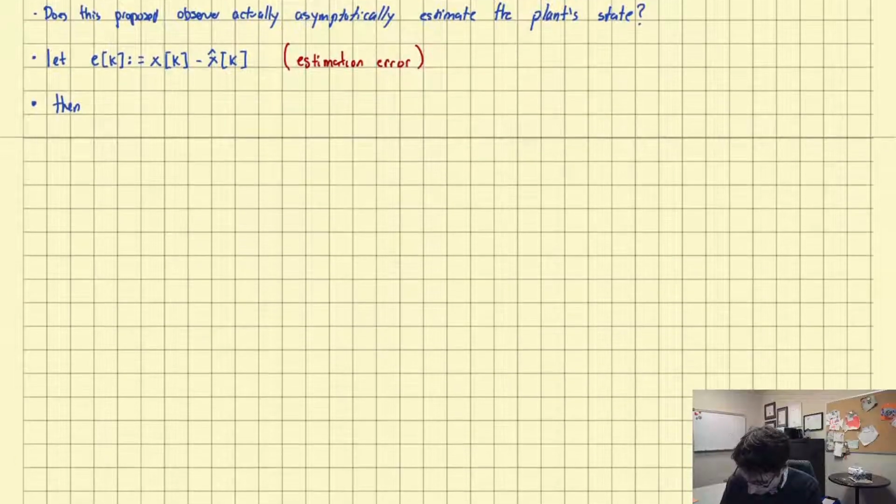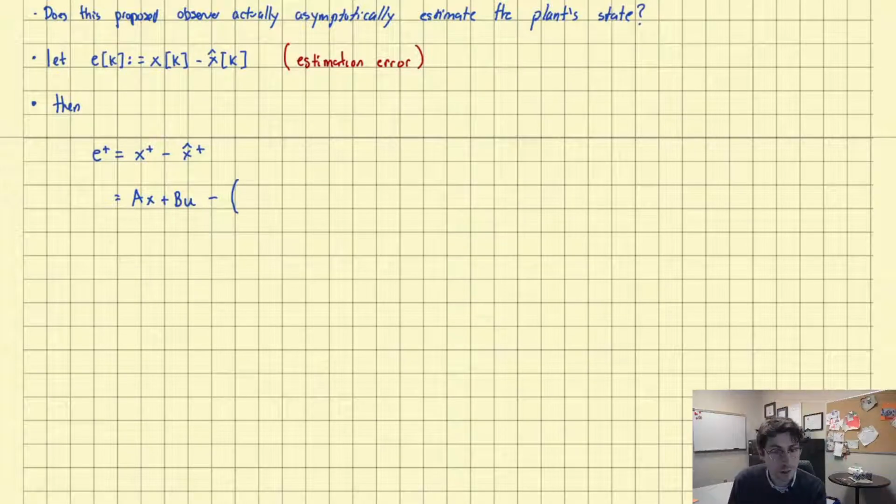Then, what do we have? E plus equals x plus minus x hat plus. It's the next time step of x and x hat. But we know how the plant evolves over time, and we've proposed an observer, so we know how it evolves over time. So I'm just going to plug in those equations. The plant state equation just evolves according to Ax plus Bu.